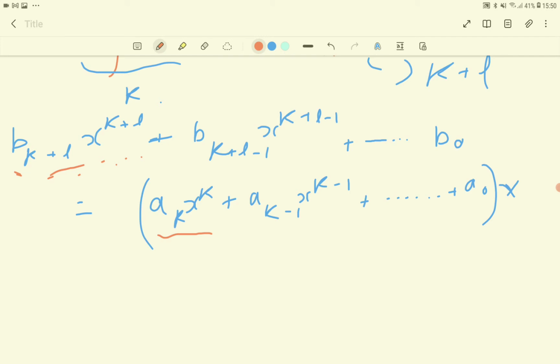We don't want that. So the degree of q of x would be l.